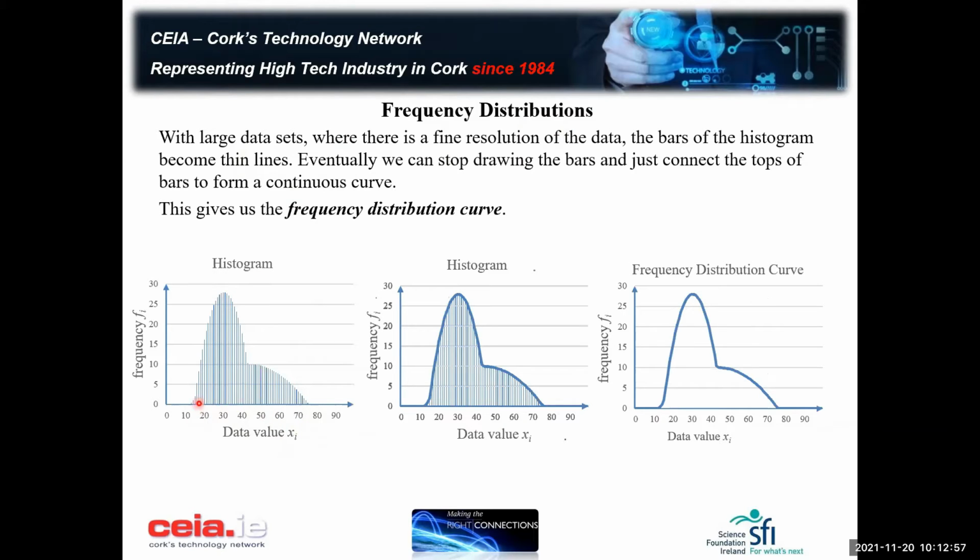What you do is just use the top points of the histogram and join them together in a curve. And that is what you see over here.